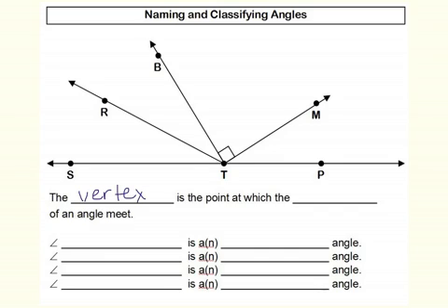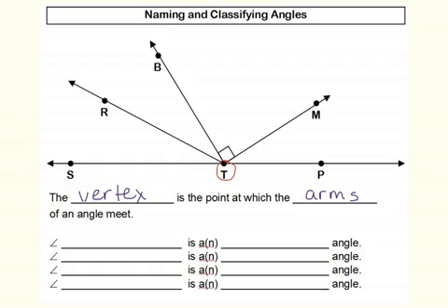And it is the point at which the arms of the angle meet. And all of these happen to have the same vertex. We're not doing anything wild with it. And one of the things you need to know is that vertex right there, that letter, is always the center letter when you're talking about an angle if you're using the 3 letters to do it.